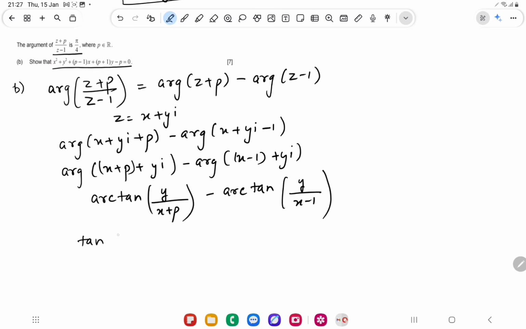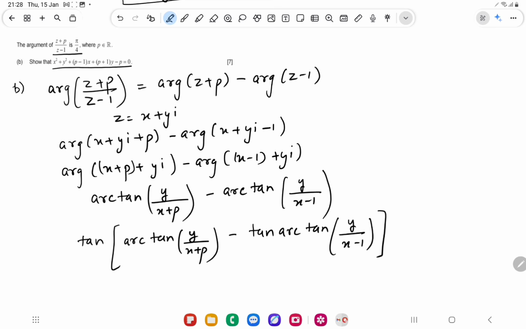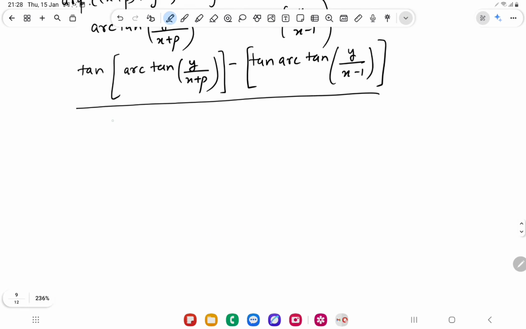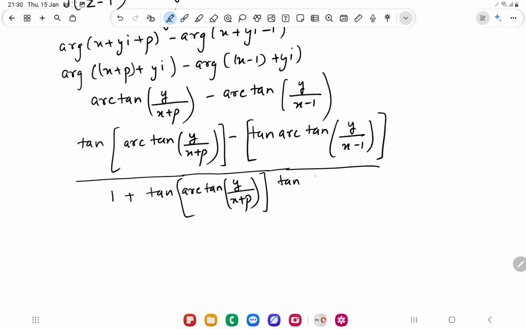So I can write it as tan of arctan y upon x plus p, minus, again tan of arctan y upon x minus 1, I will close this bracket also, whole divided by 1 plus, again, this into tan of arctan y upon x minus 1.